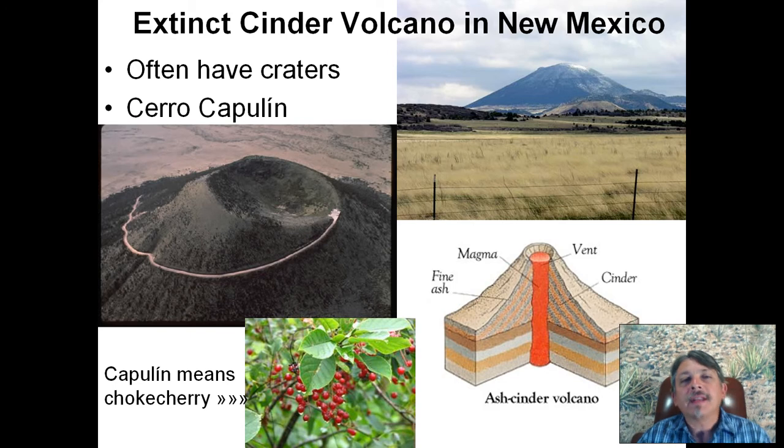An example of an extinct cinder volcano, and you've got to remember about cinder volcanoes, is that they tend to have craters, but not all the time. This one is called Cerro Capulin, and you'll often hear it mispronounced as Capulin, but capulín means chokecherry. It's derived from an Aztec Indian word that was picked up by the Spanish for this peculiar type of berry that grows and is usually able to be harvested around early August.